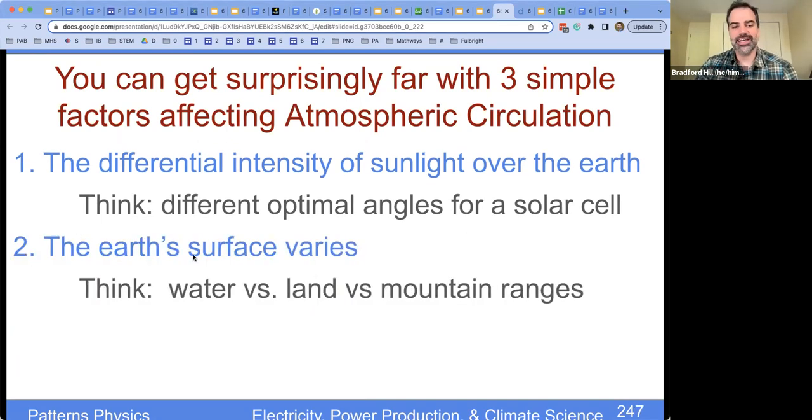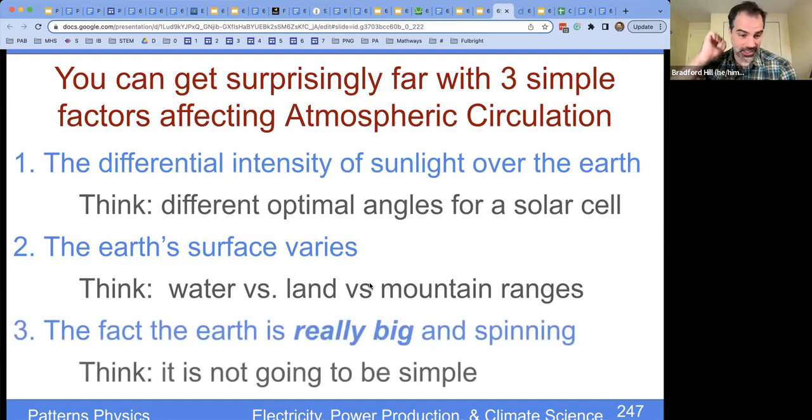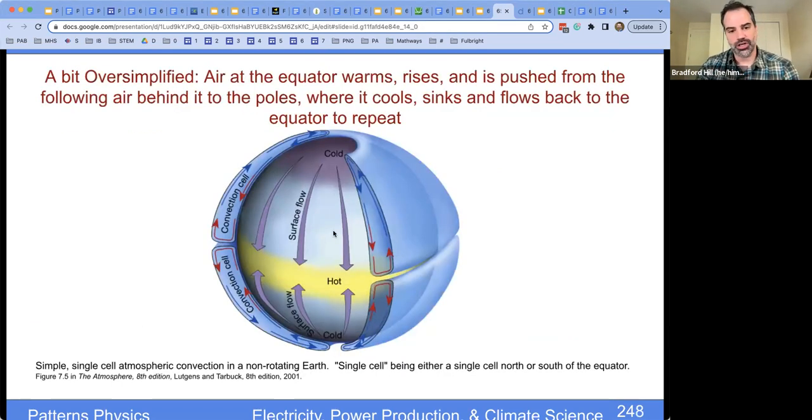The other one, again, students come up with all these, but I'm just showing the slides. The Earth's surface varies: oceans versus land versus mountains. And then there's the fact that the Earth is really, really big and spinning. The simplest one, just to show you that these resources are here, is that at the equator the air is warm, and warm air rises, we know, and cold air sinks.